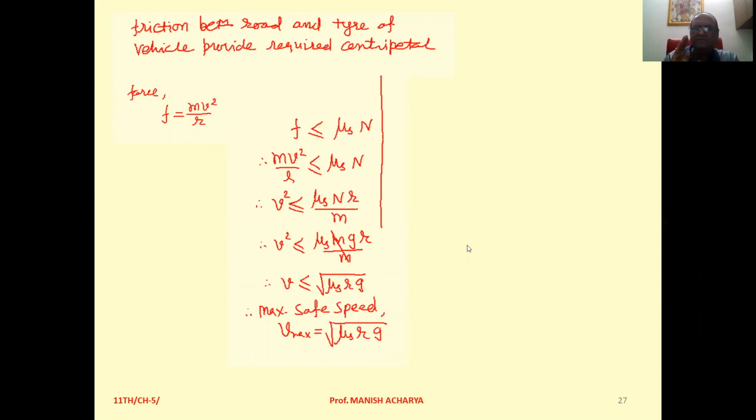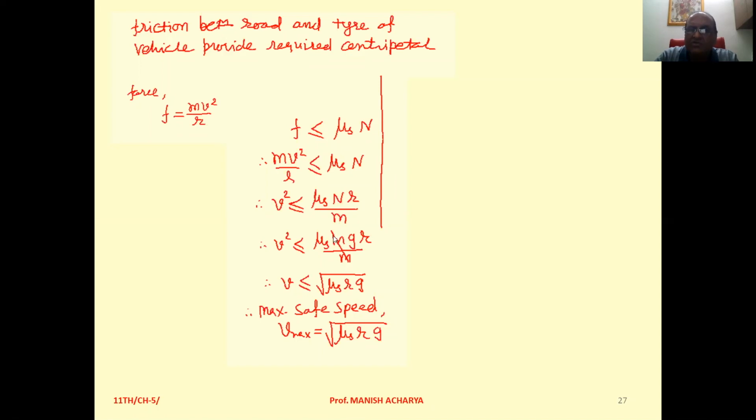Now we know that friction is self-adjusting, so it will also increase, but the maximum possible friction is mu s into N. We know that friction F is less than or equal to mu s into N. So mv squared by r should also be less than or equal to mu s into N. So we can write v squared is less than or equal to mu s into N into r upon m.